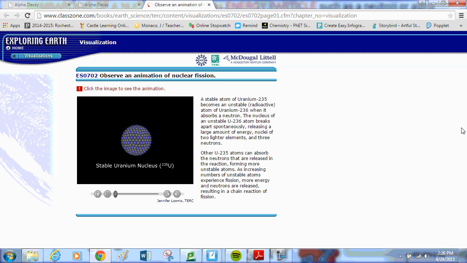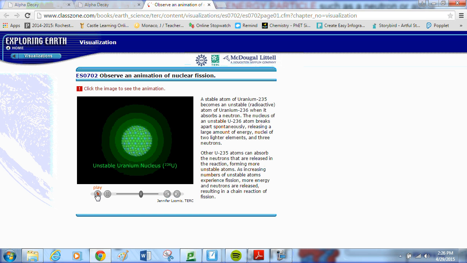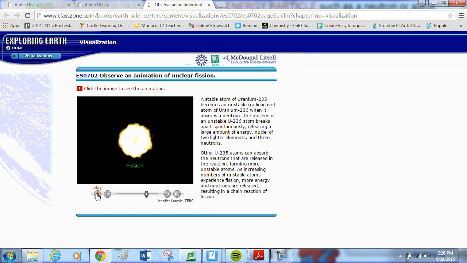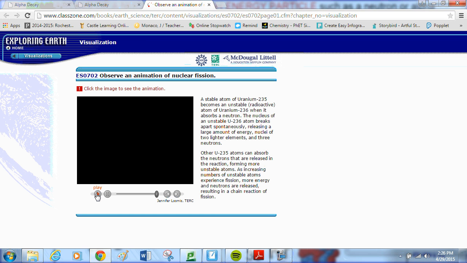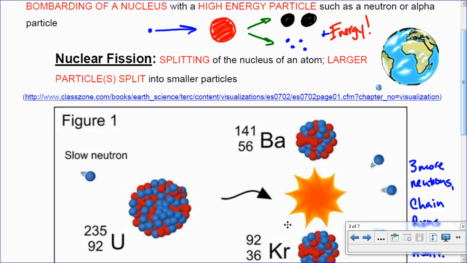We've got a uranium nucleus. We're going to hit it with a slow-moving neutron. Pow! It makes it unstable as a result, and then boom, it splits apart into something else, barium, krypton, and other neutrons, which are usually the products. Like I said, that's not always a guarantee.